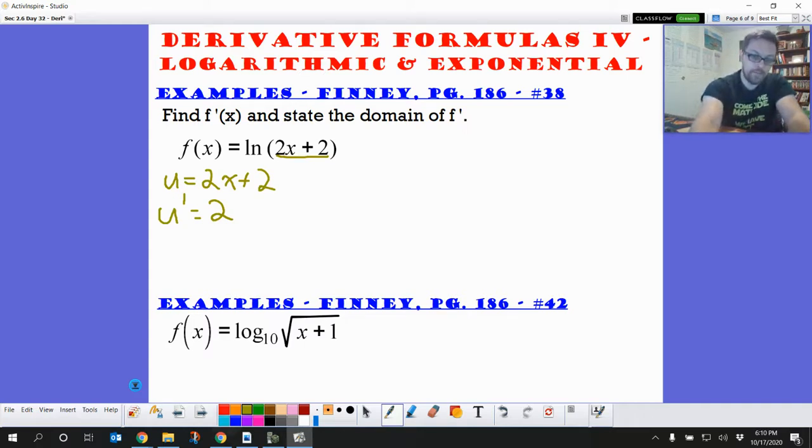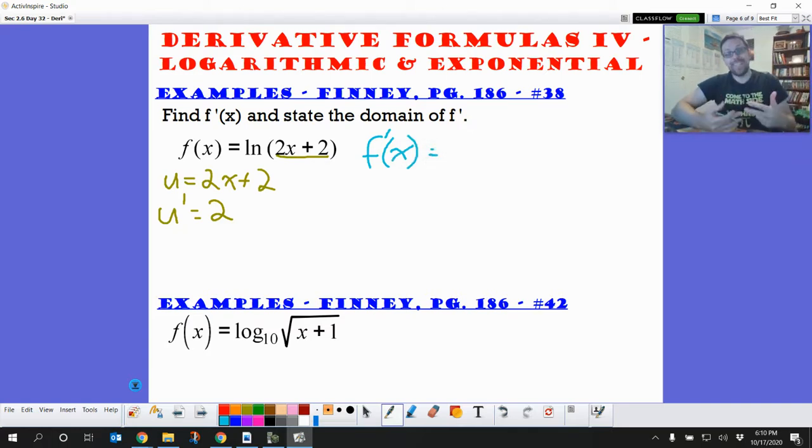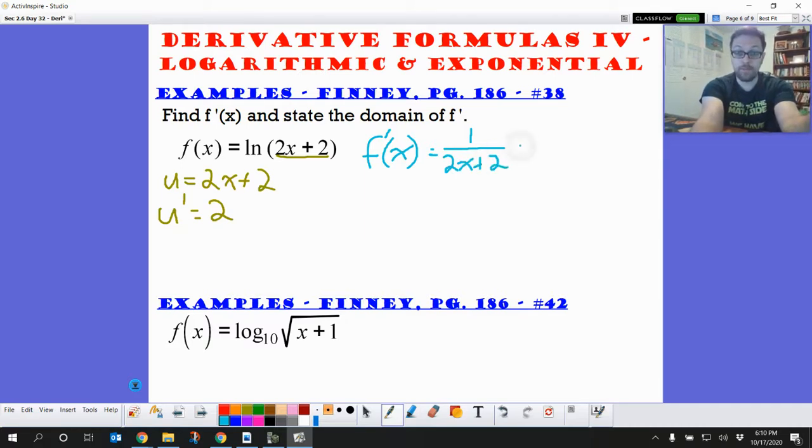So when I find f prime of x, when I find the derivative, I need to do 1 over whatever was inside of that natural logarithm. So that's 2x plus 2, multiplied by whatever the derivative of that inside was.